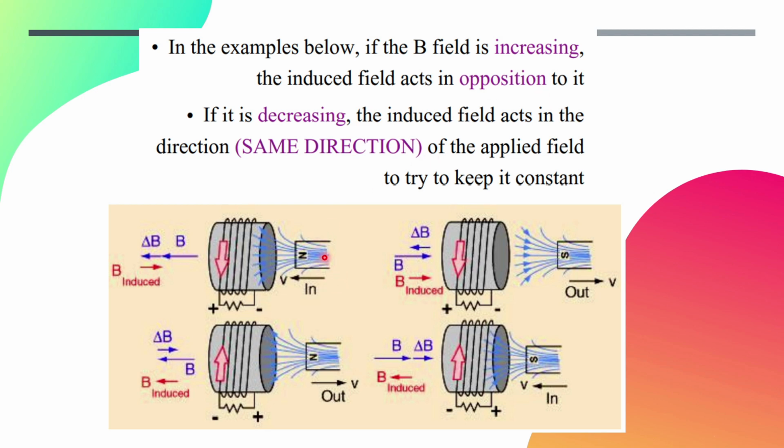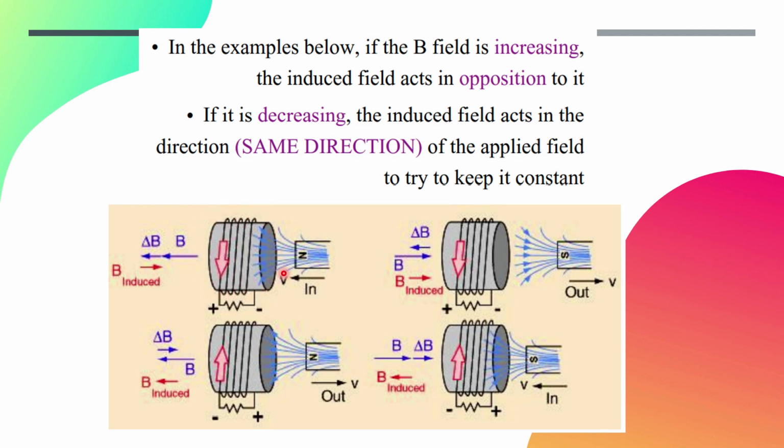Look at here. When the bar magnet comes closer to the coil or to the solenoid, we have north pole here. When it comes near, automatically the magnetic field around this area will increase. Right? But this solenoid, what will it try to do?